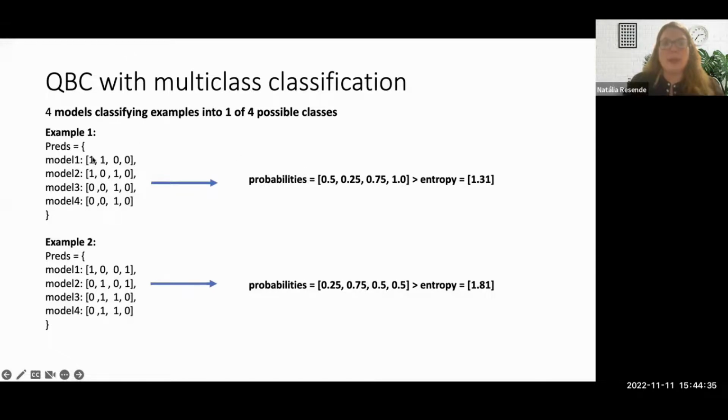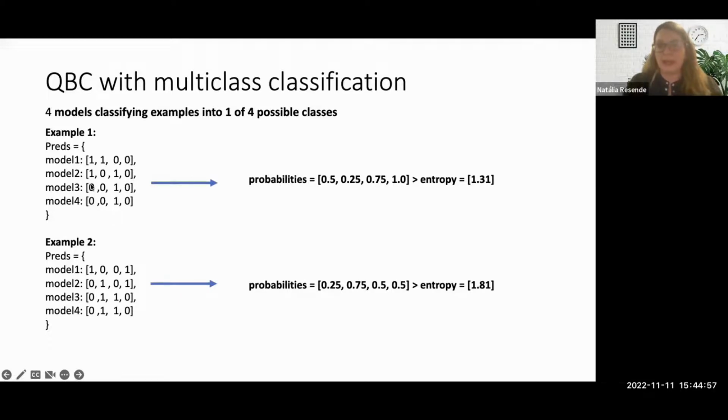So for example 1, we get a probability of 0.5 for the first label, because for 2 models the first label is present, but for models 3 and 4, the first label is not present.